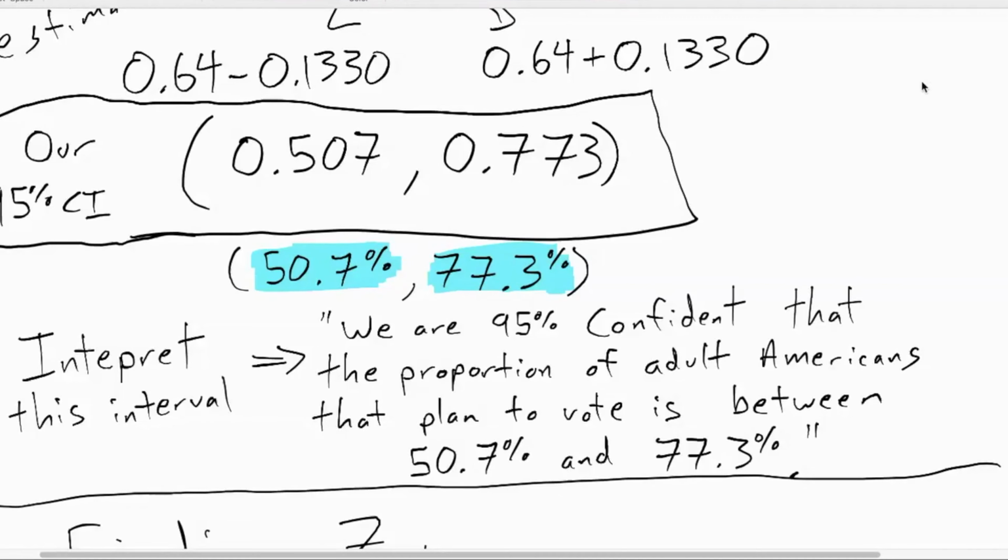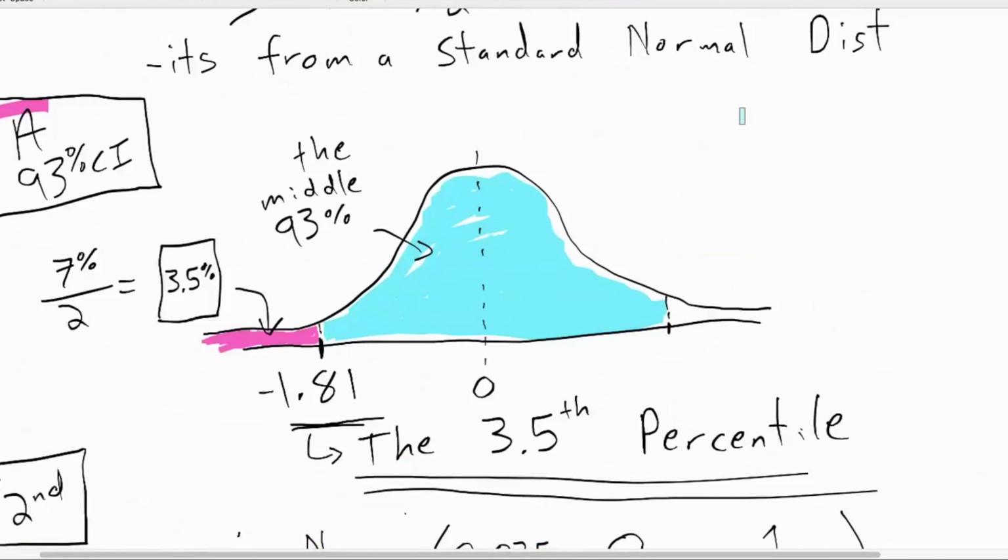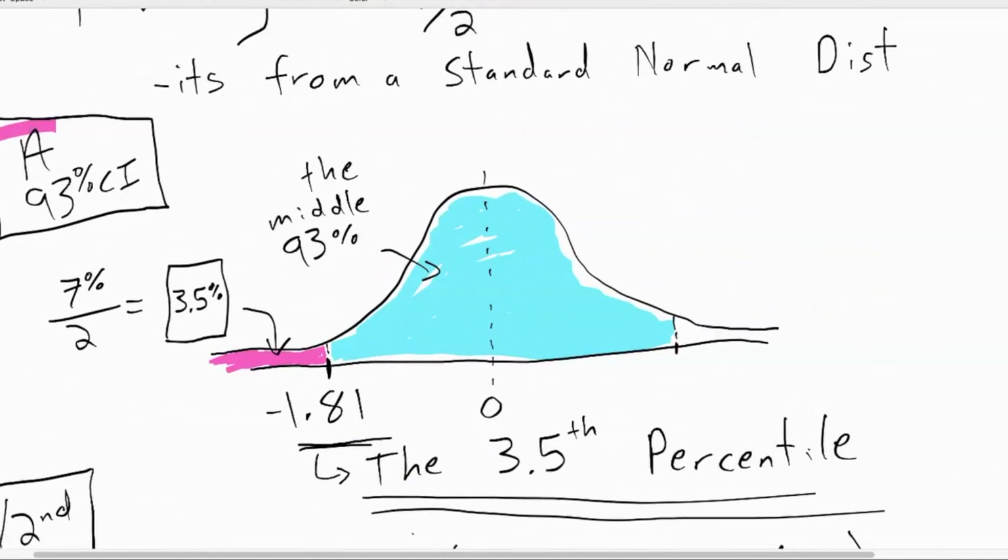Where'd you get the 7% for the second part? Okay, we were like, hey, let's do a 93% confidence interval instead. We need to know the value of Z of alpha over 2 for that 93% confidence interval. The Z of alpha over 2 is the border of the middle. In this case, it's going to be the middle 93%.